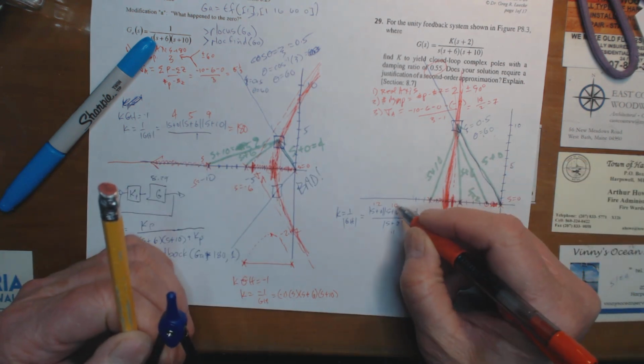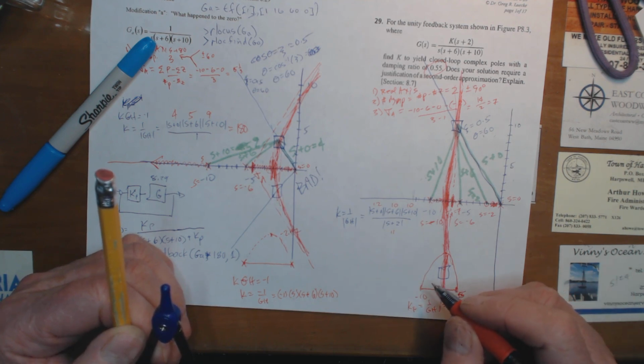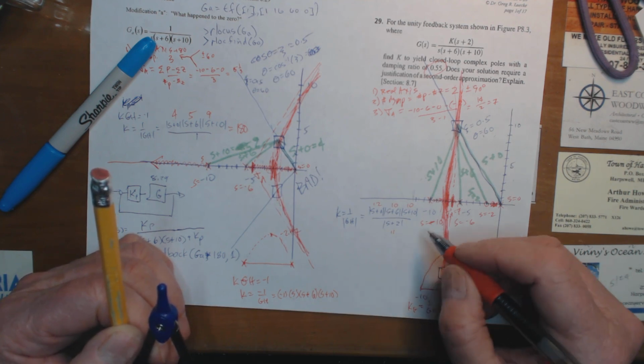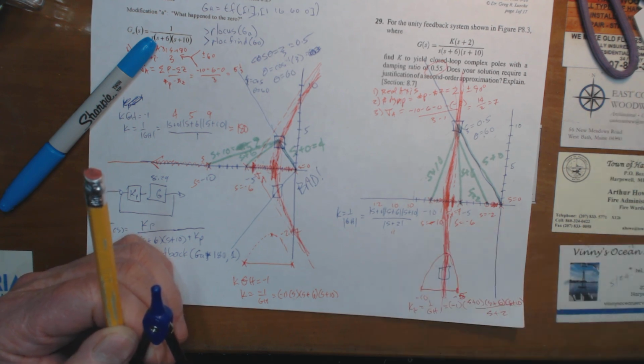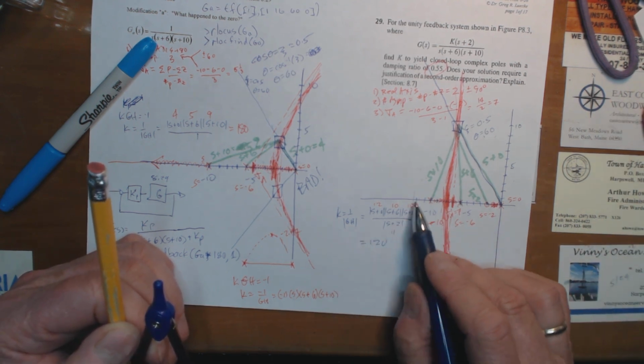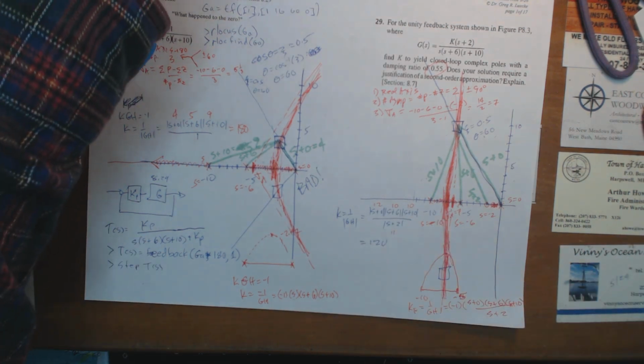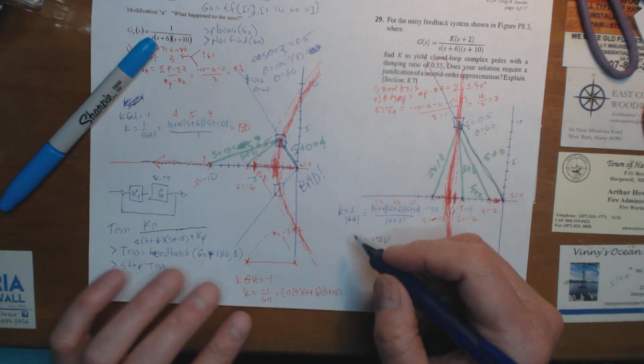So this is about 120 for Kp. I'm going to round everything. That's close enough, and you can go find exactly what the answer is.